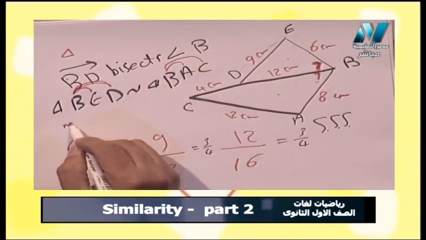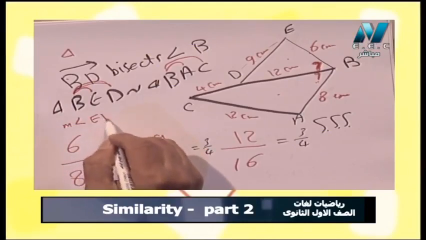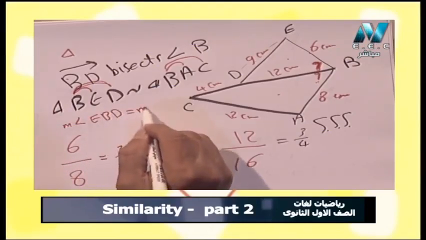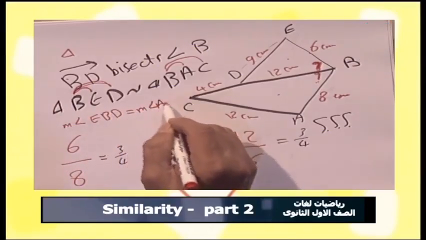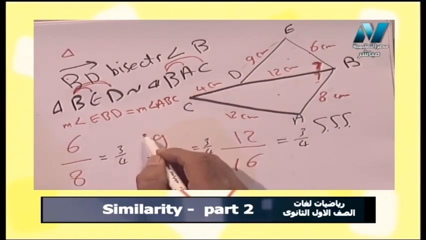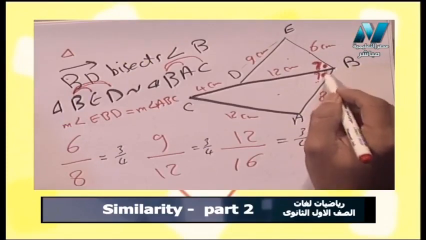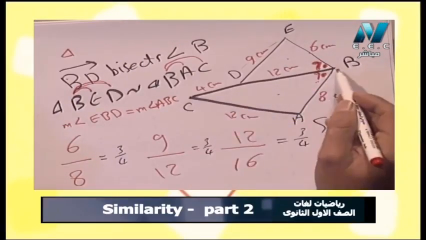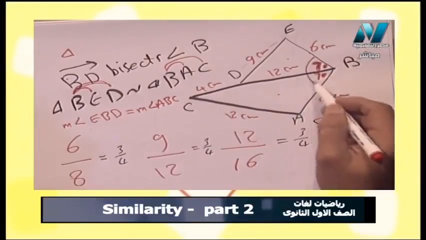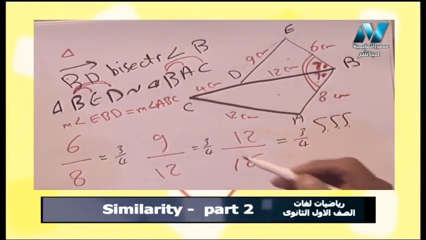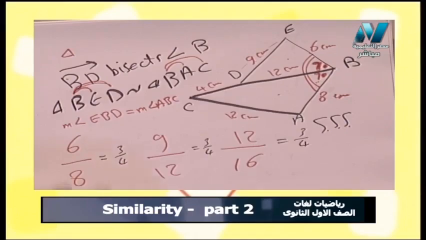So the measure of angle EBD equals the measure of angle ABC, which are the two angles. We have here the two angles are equal, so BD is the bisector of the angle B, or the angle EBA. Okay, let's go to the second question here.